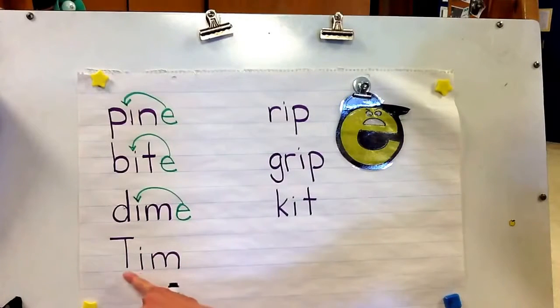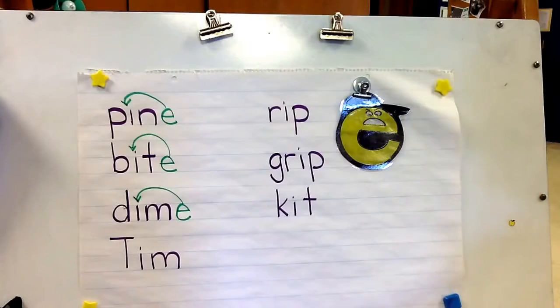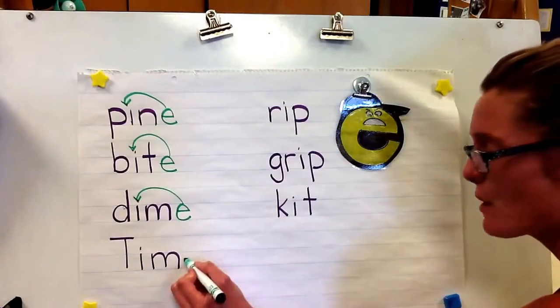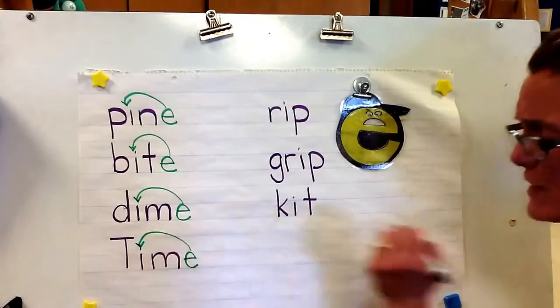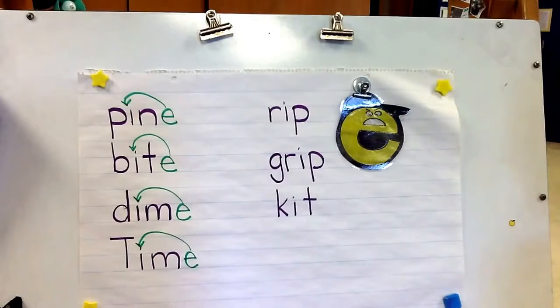Let's look here. This word is Tim. Tim's a name, isn't it? In the name Tim, the I makes the /i/ sound. That's the short I. But guess what? Along comes that Bossy E and he says, "Hey, you better say your name and I'm not talking."